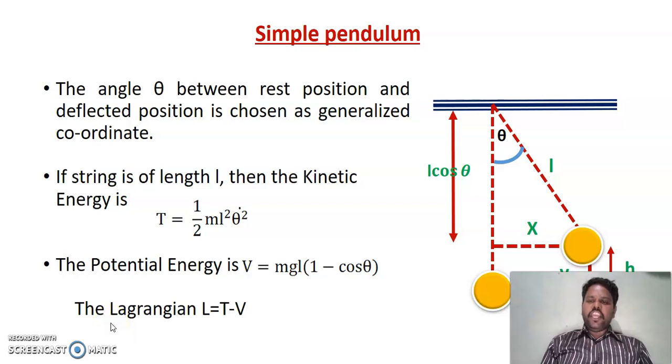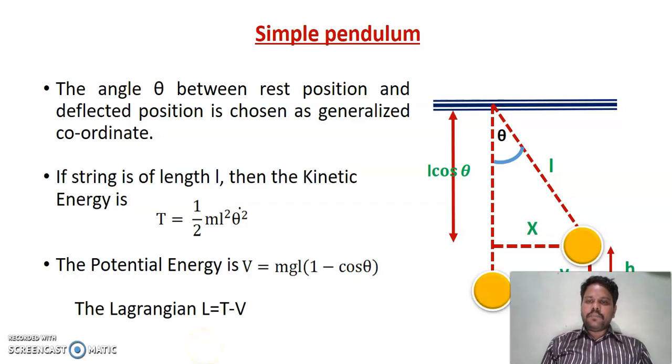In the Lagrangian equation, we know that L is equal to T minus V. Substituting T and V terms, we obtain the Lagrangian L is equal to half m L square theta dot square minus mgl into 1 minus cos theta.